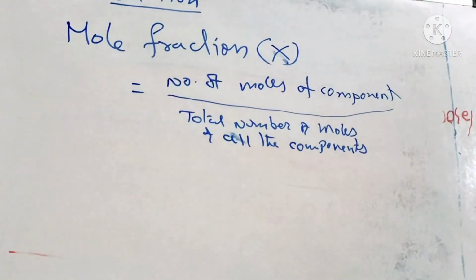So the number of moles of one component by the total number of moles of all the components gives the mole fraction of that particular component.